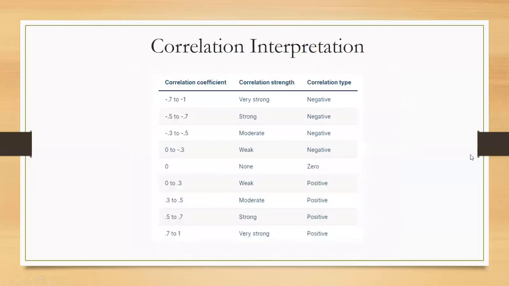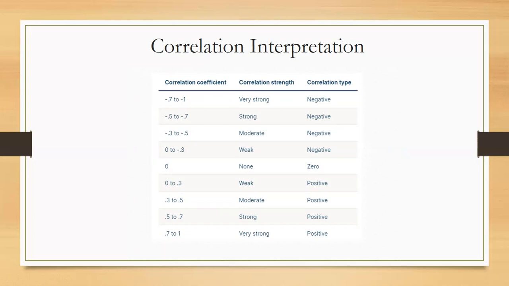Now we look at the correlation interpretation or the range. Okay. So if it is 0, there is no correlation at all. 0 to -0.3 is a weak negative correlation. -0.3 to -0.5 is a moderate correlation in the negative. -0.5 to -0.7 is a strong negative correlation. -0.7 to -0.9 is a very strong correlation, or a high correlation.